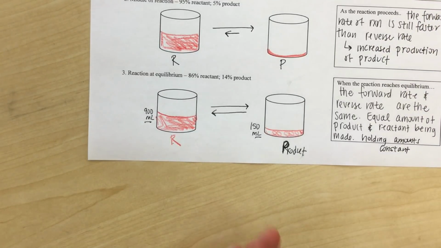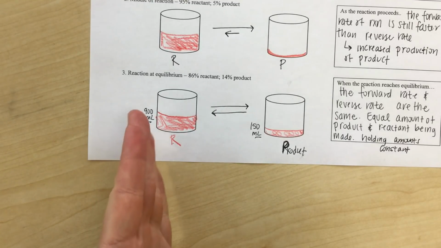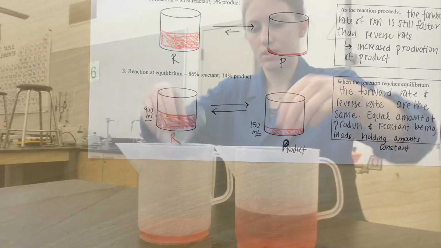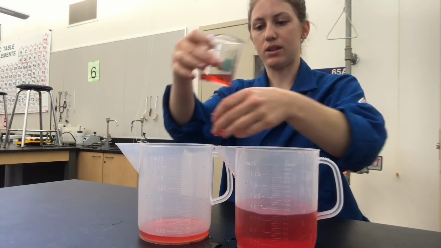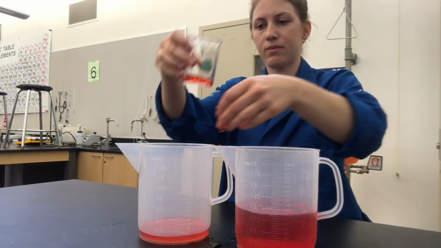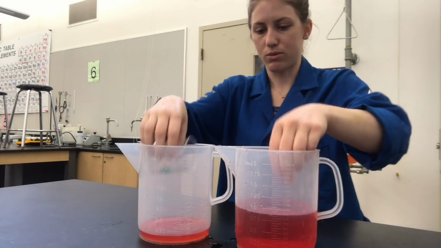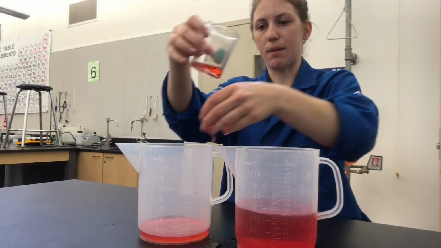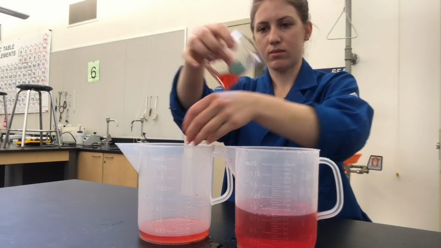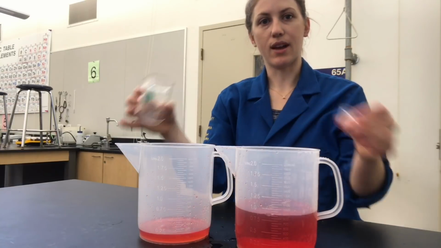But as of right now, at equilibrium, the rate forward, the rate backwards are the same. So I'm always going to have 900 and I'm always going to have 150. And that's what is at equilibrium. So our rate is now the same. And that's equilibrium.